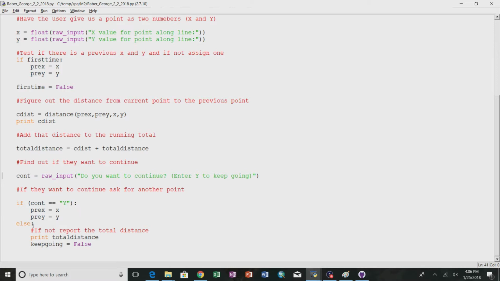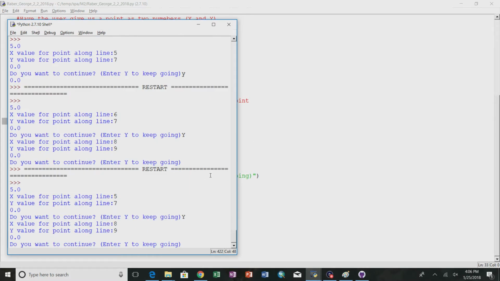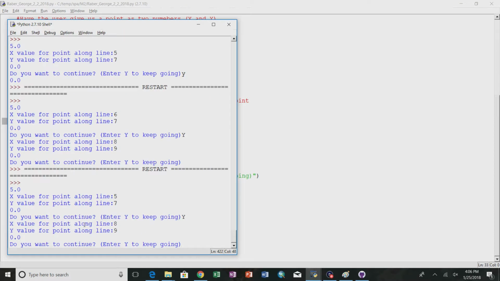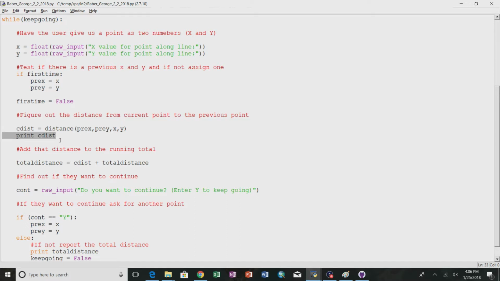Mine works, and I'm printing the C disk. Yours works and you have what I have. That's great. Okay.